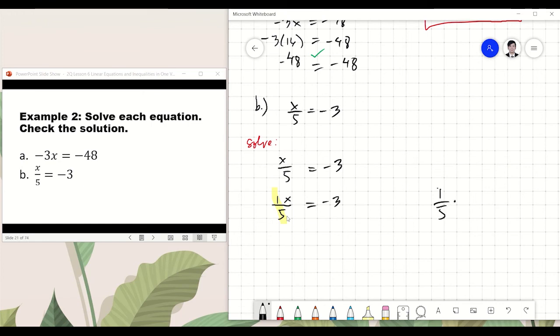I-multiply natin yung multiplicative inverse ng ating coefficient. So, 1/5 is just 5 over 1. Parang reciprocal lang. Yan na lang isisipin natin. So, magiging 1 na siya. In other words, we're just multiplying a 5 in both sides. So, if we do that, multiplying 5 in both sides, you're already using MPE.